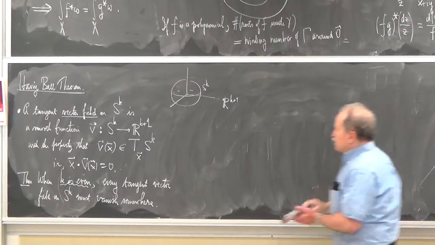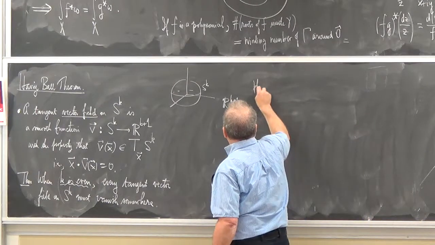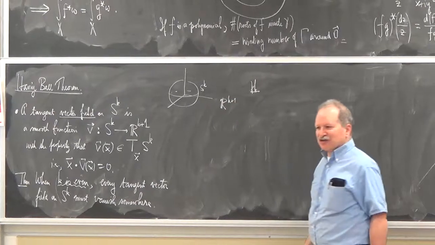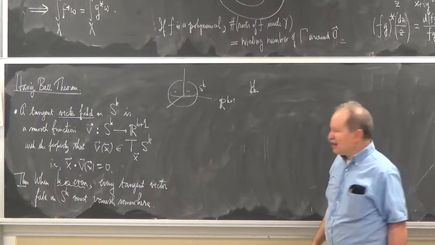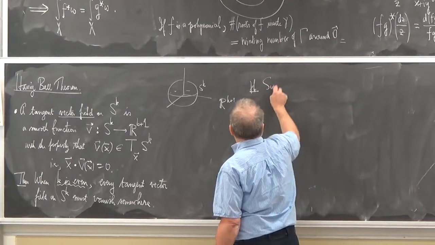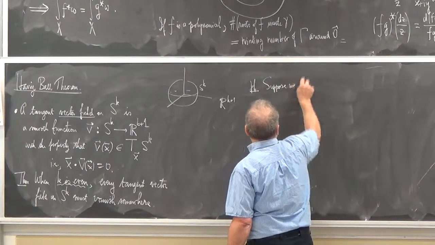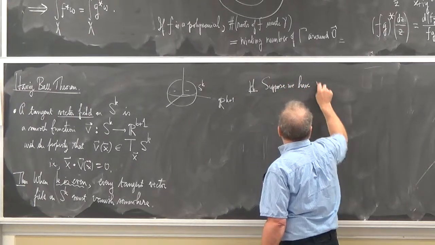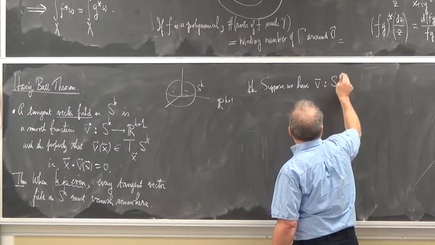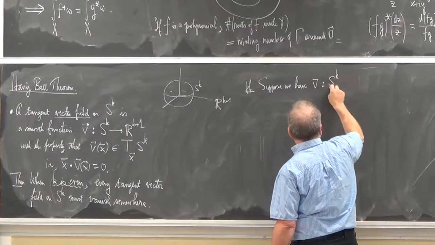All right, so what are we going to do for the proof? Of course, we're going to do a proof by contradiction. So suppose we have a nowhere vanishing vector field on an even sphere.